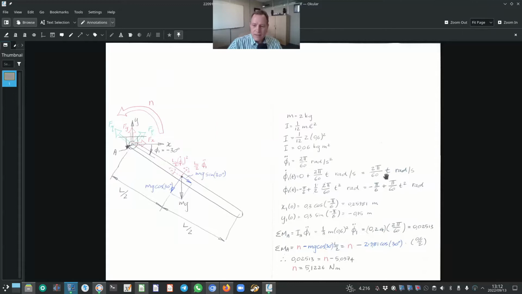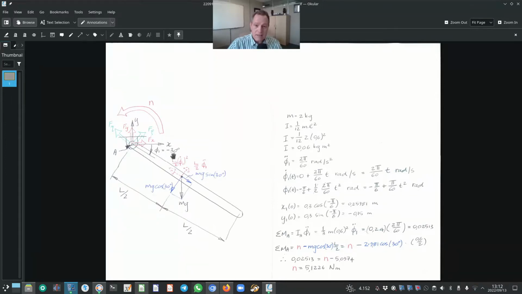If we integrate this expression once more, we get an expression for the orientation of body 1 as a function of t. It will be our initial orientation, which is shown here in the schematic on the left-hand side.